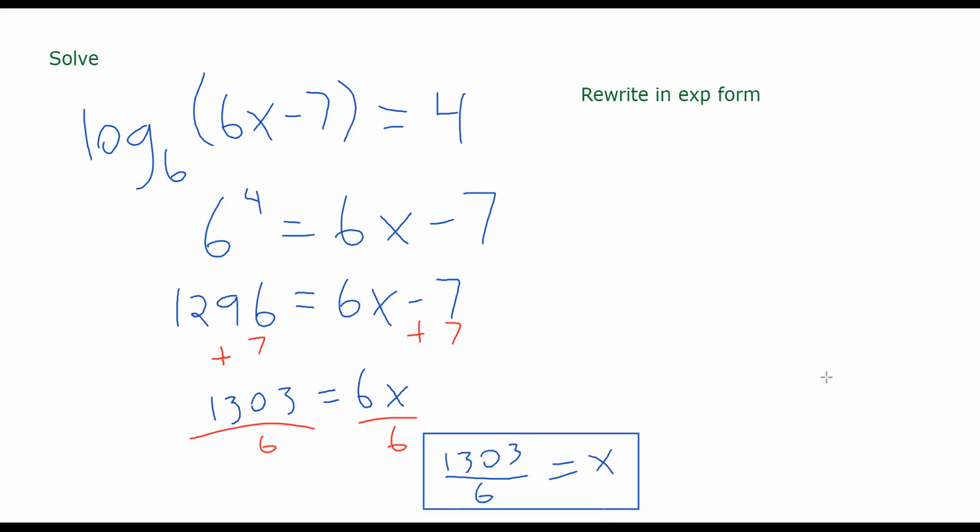And that's not so bad. Of course, if the problem wants you to evaluate that and round it to 3 decimals, it would be 217.167. Again, you can use a calculator to do that. If the problem wants you to leave it in exact form, you'd literally write the fraction 1303 over 6.